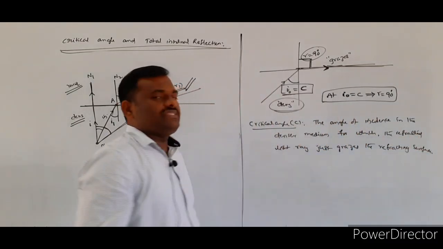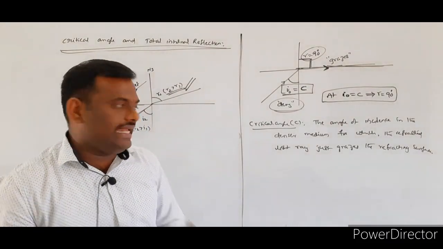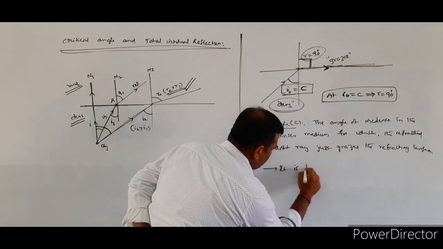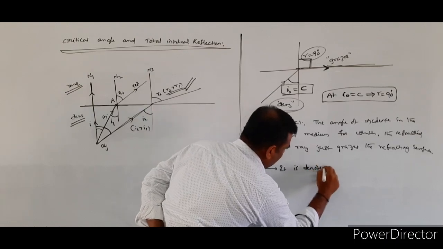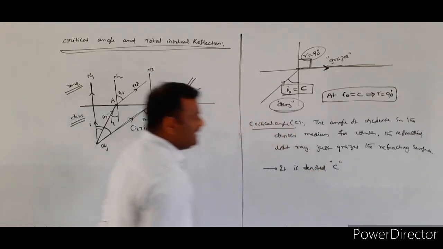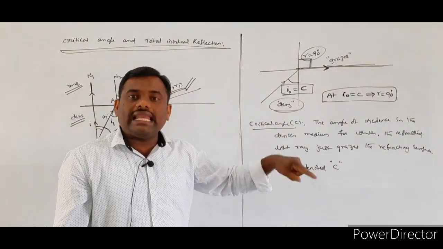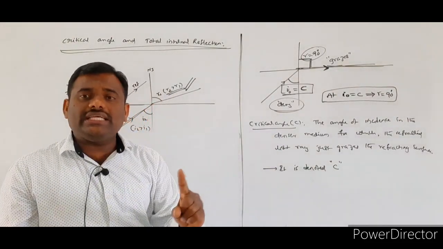Such angle of incidence will be called the critical angle. It is denoted by capital C. When you find the critical angle, what condition is required?